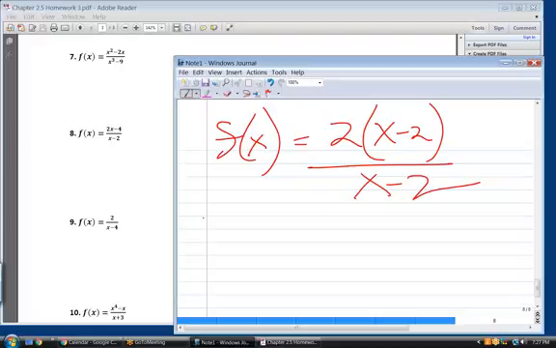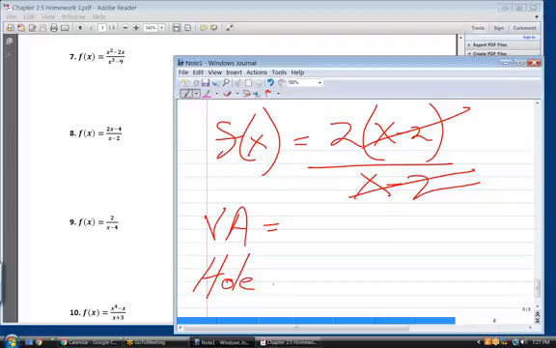It'll just be 2 by itself after you cross out the x minus 2. Do I have any vertical asymptote? Yes, that would be 2. No. It disappears. It becomes a hole. Remember that when it crosses out, I now have a hole at x equal 2.